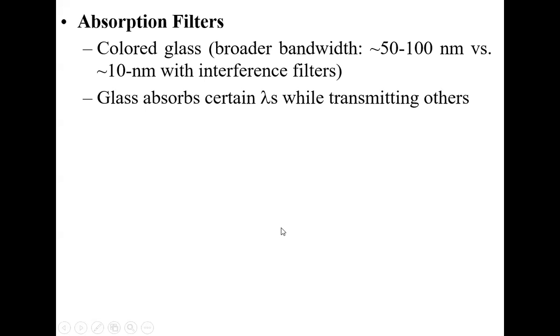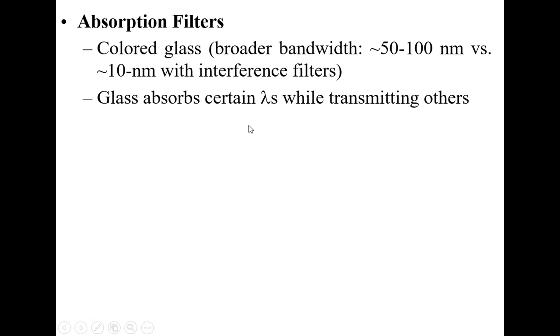Did I ask any one of you that question? Yeah. And what was the answer? Quartz doesn't interfere. Glass absorbs the UV light, whereas quartz is transparent in the UV region. So that's why we use quartz in the experiment to see the whole spectrum.